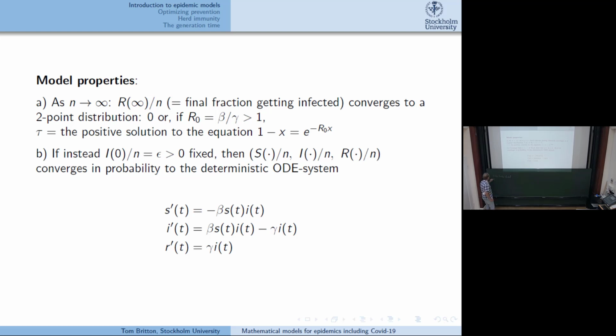So 1 minus tau is then the final fraction not infected. So, as I tried to explain earlier, think of yourself, what is the probability that you avoid getting infected? So this is the probability of avoiding infection.